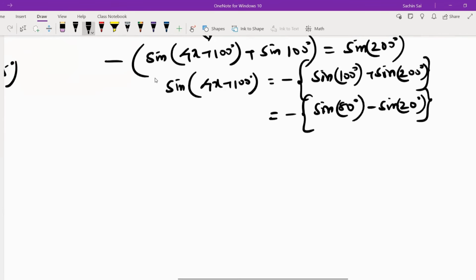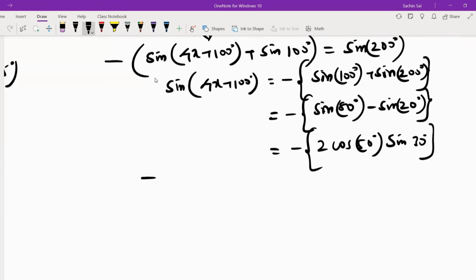So if I simplify this, I will get 2 cos 50 degrees, 2 cos A plus B by 2, sine of A minus B by 2. All right, so you finally get sine of 4x plus 100 degrees equals minus cos 50 degrees, right?